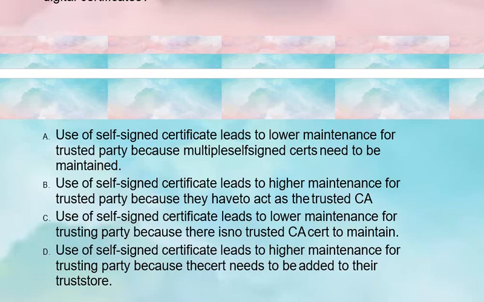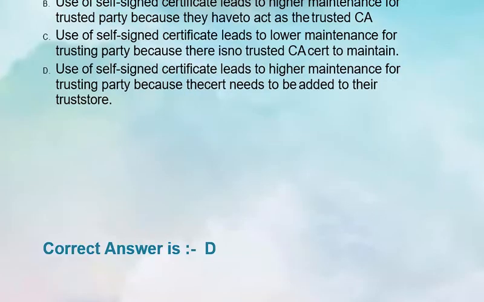Option C: use of a self-signed certificate leads to lower maintenance for the trusting party because there is no trusted CA certificate to maintain. Option D: use of a self-signed certificate leads to higher maintenance for the trusting party because the certificate needs to be added to their trust store. Correct answer is option D.